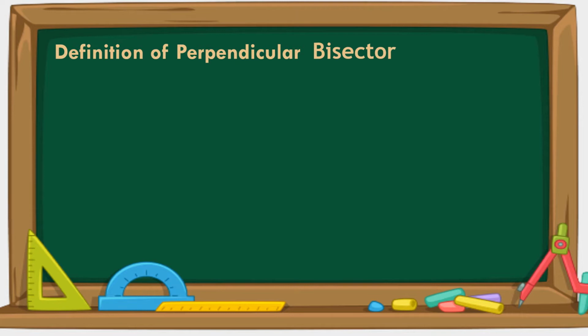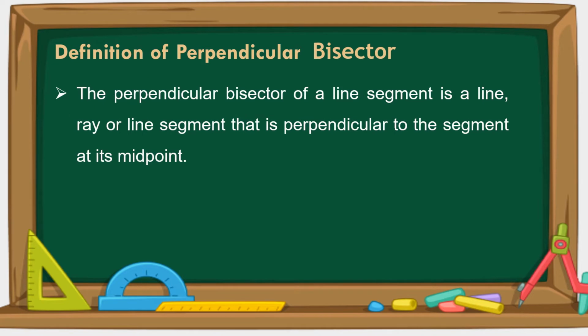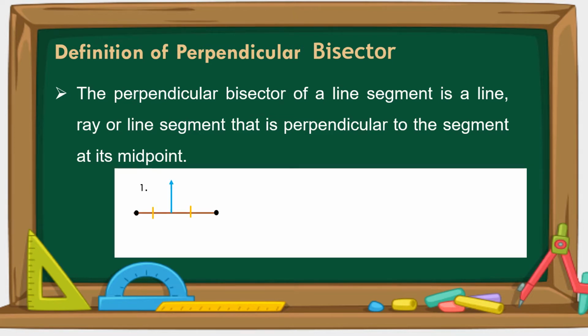Definition of perpendicular bisector. The perpendicular bisector of a line segment is a line, ray, or line segment that is perpendicular to the segment at its midpoint. The first figure, a ray is the perpendicular bisector of the line segment.